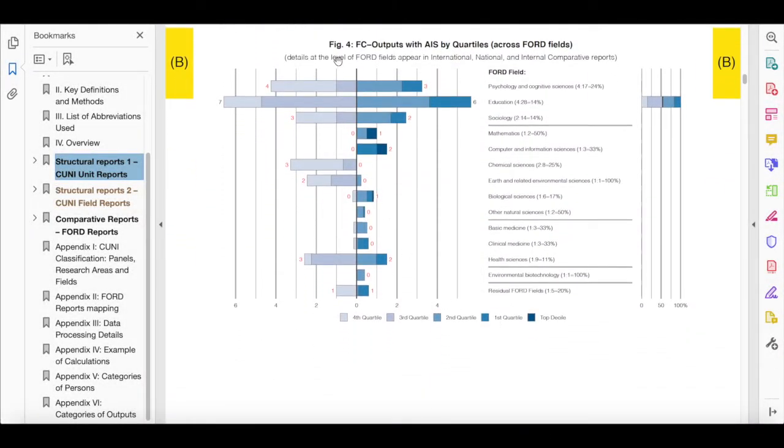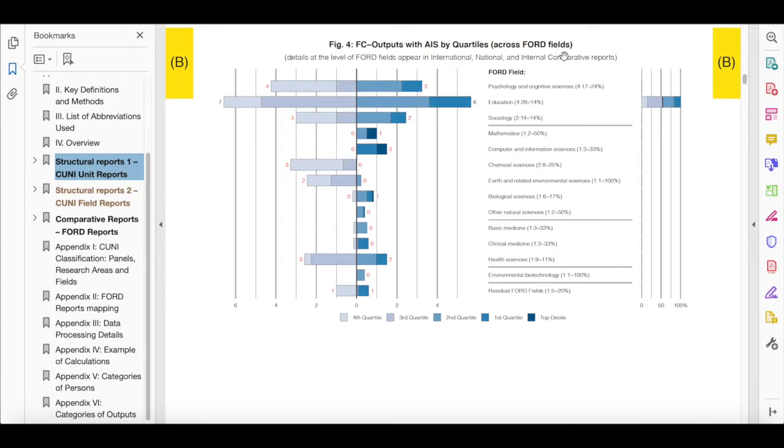Figure 4. Fractional counts of outputs with article influence score by quartiles, across 4 fields. This figure is similar to Figure 3 above, except that an international categorization of scientific fields, FORD, is used in this graph.